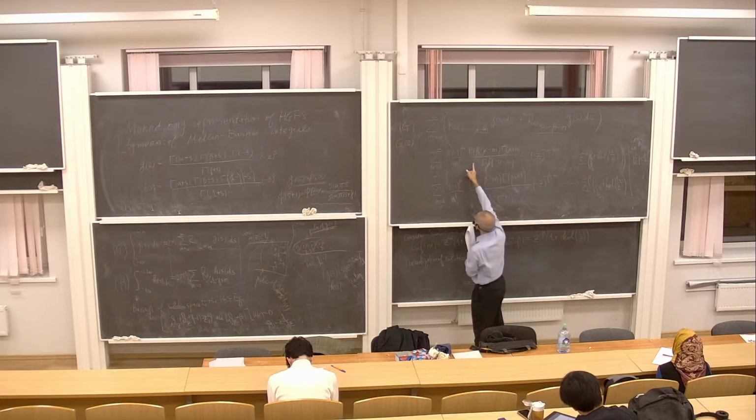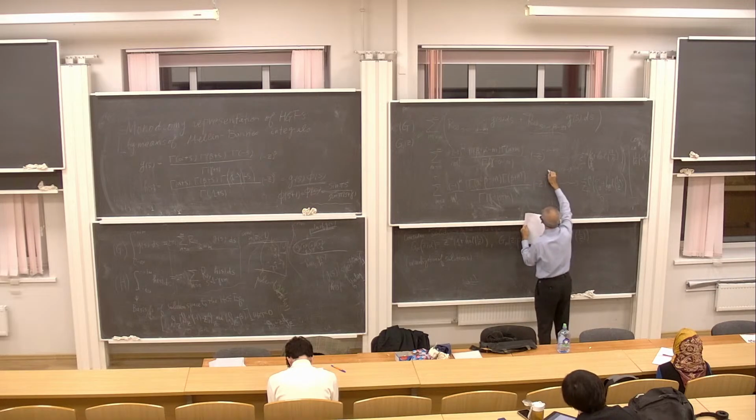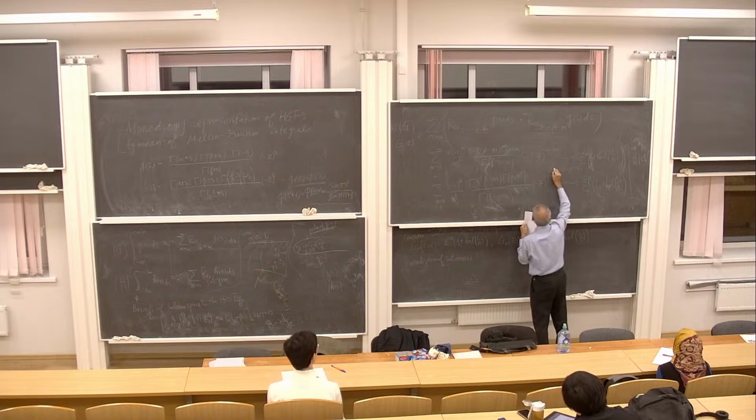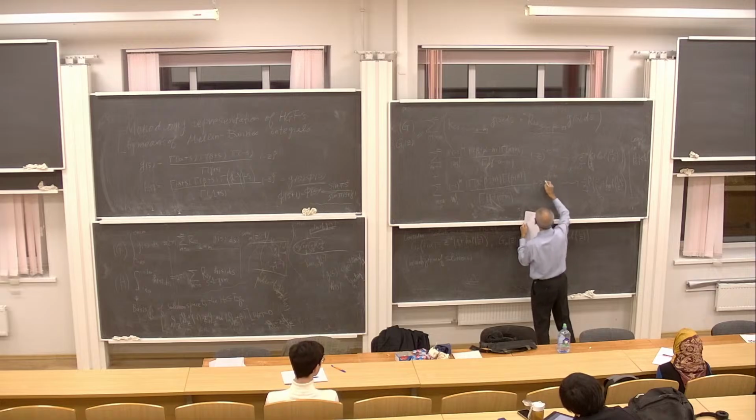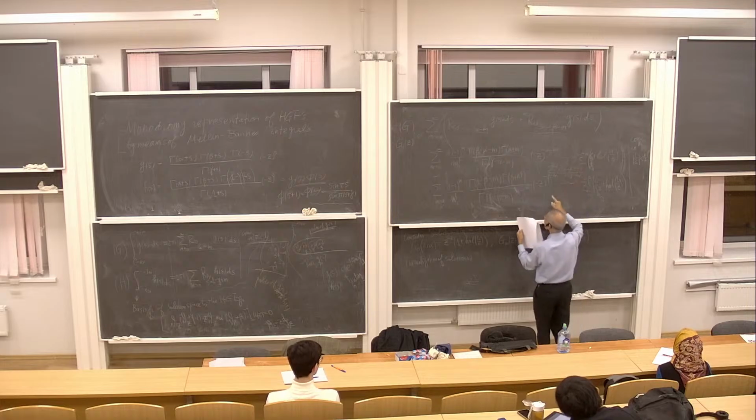I put m equals 0 and get minus 1 e to the power minus pi i alpha, and divided by gamma minus alpha, this kind of thing.